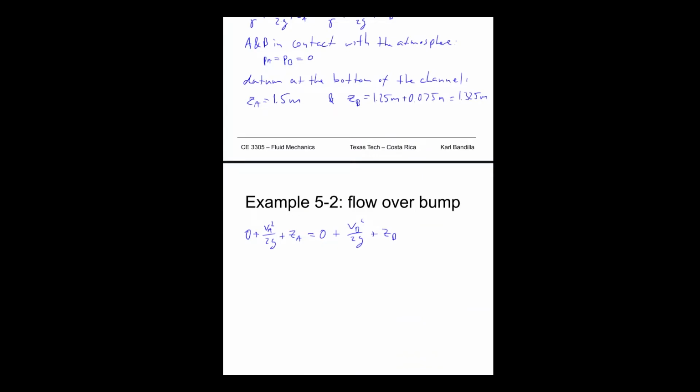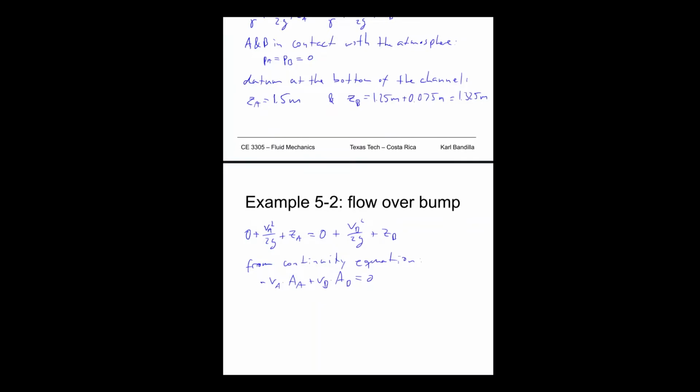So from the continuity equation, we get minus VA times AA plus VB times AB is equal to 0.